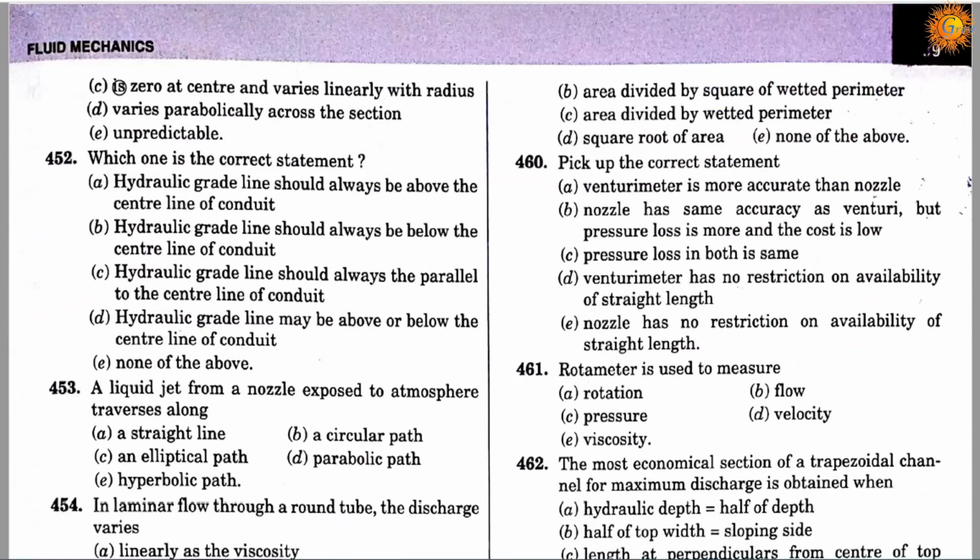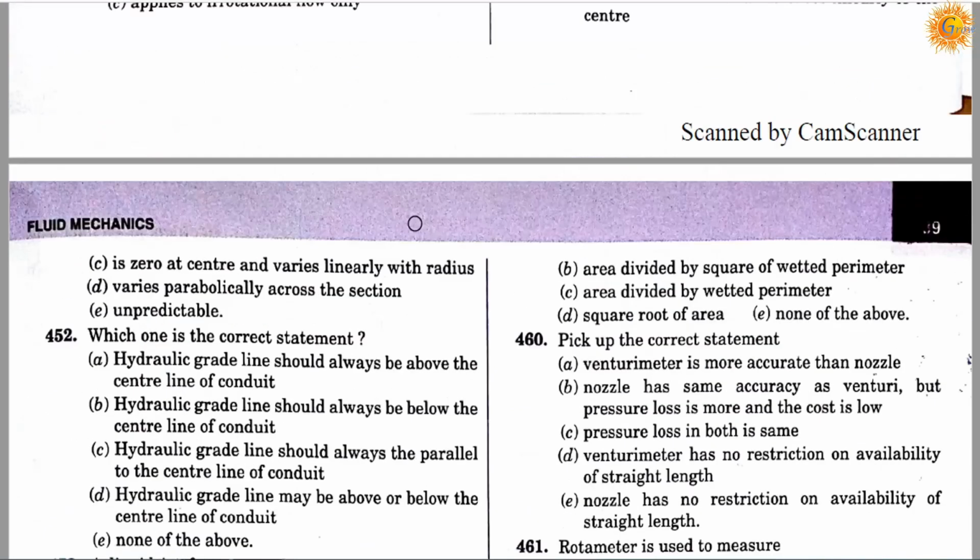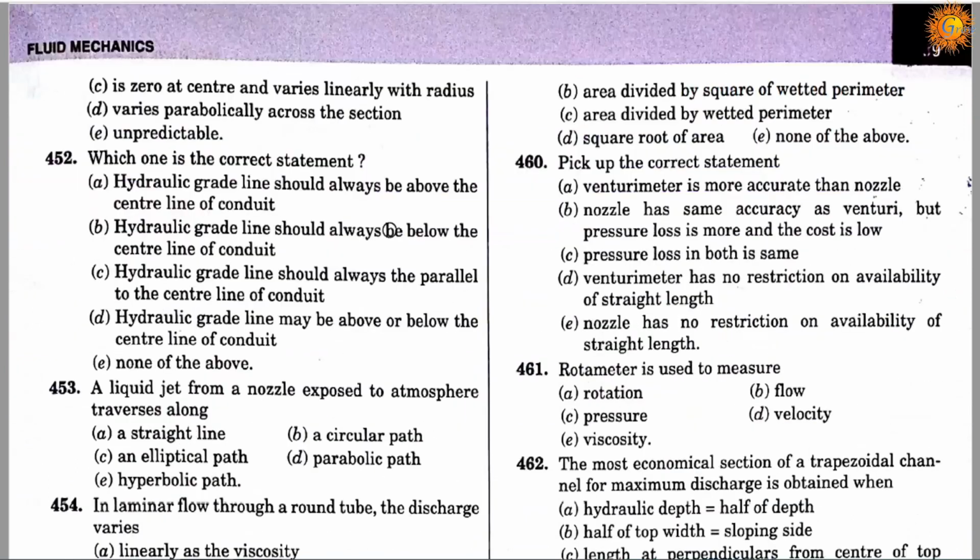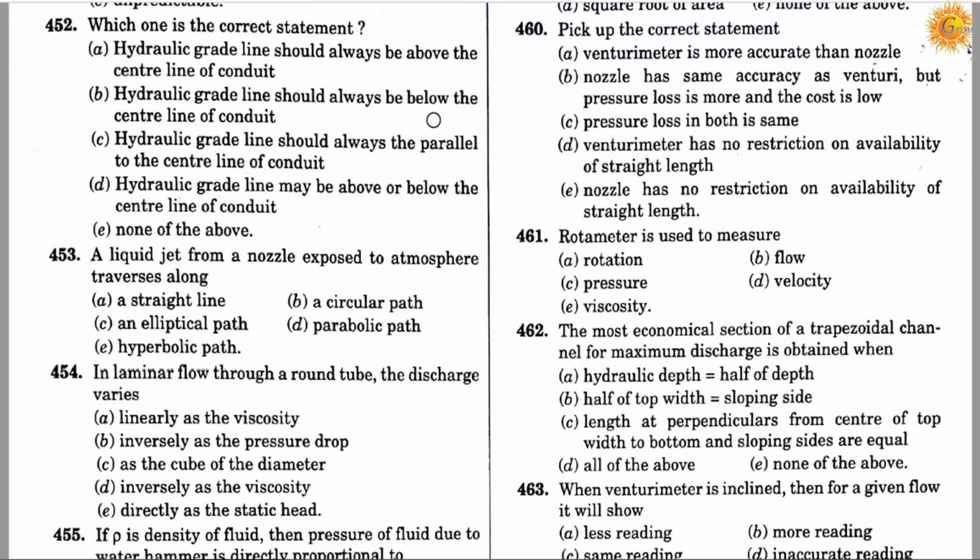Option C is zero at center and varies linearly with radius. Option D varies parabolically across the section, and option E is unpredictable. So correct answer is C, zero at center and varies linearly with radius.